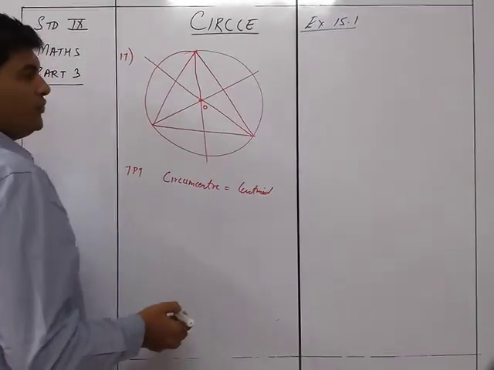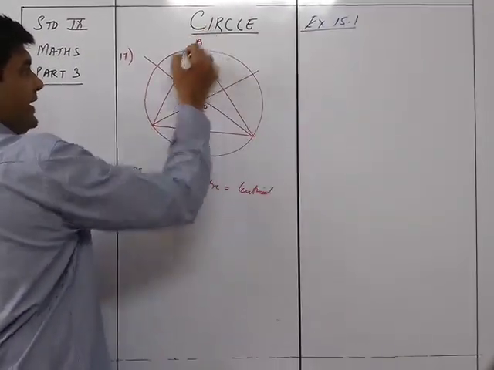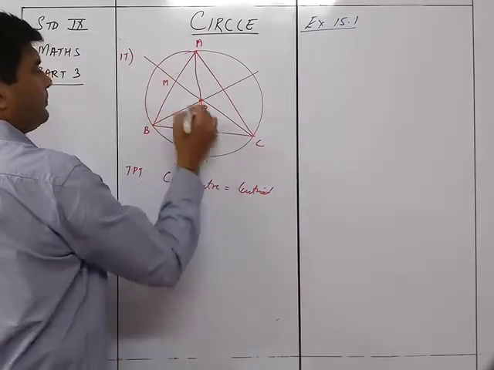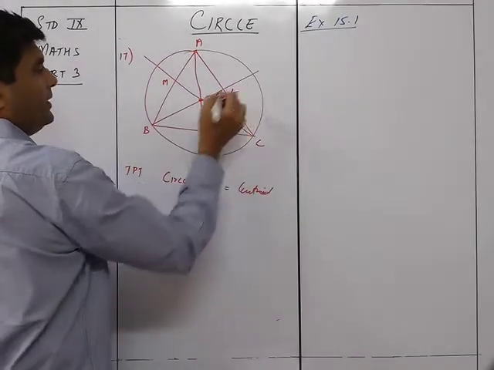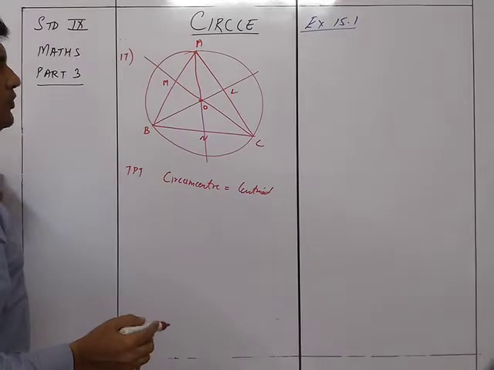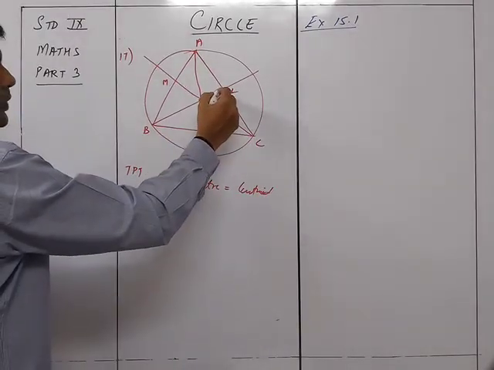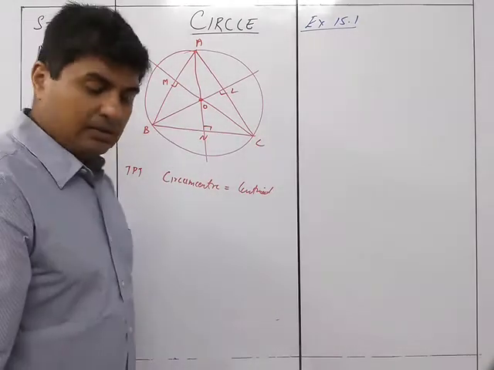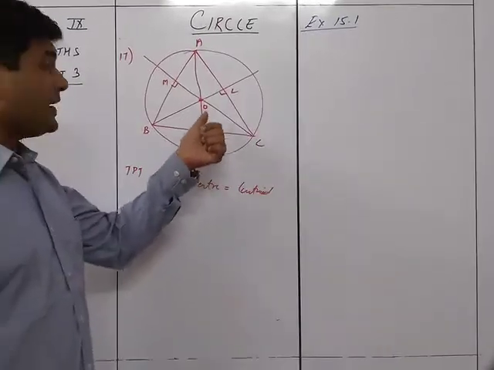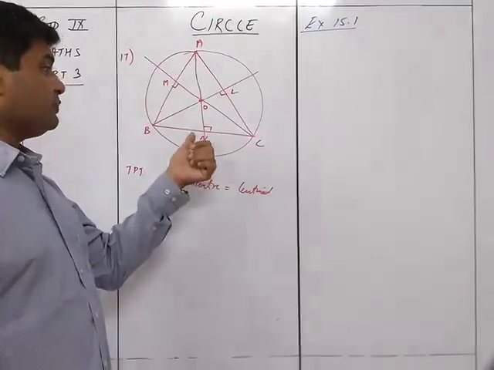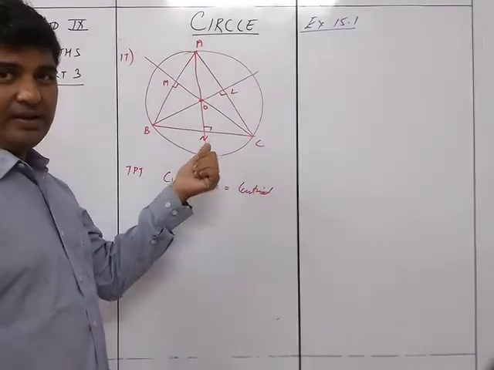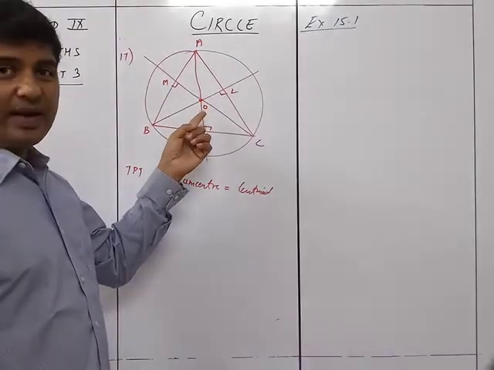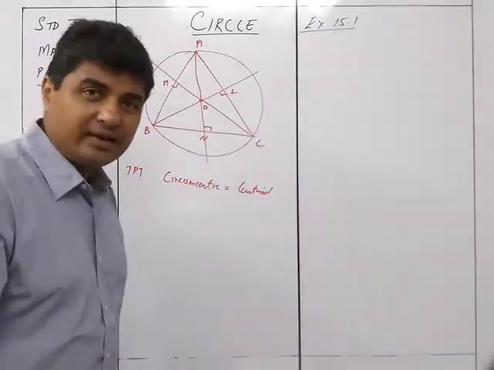We just need to prove that if this is A, B, C, and this is M, N, L, and this is perpendicular over here, this is perpendicular over here, and this is perpendicular over here, then automatically this O is the center of the circle. And if it is also the bisector, if it is already known that it is the midpoint, then O is also the center and O is also the centroid.